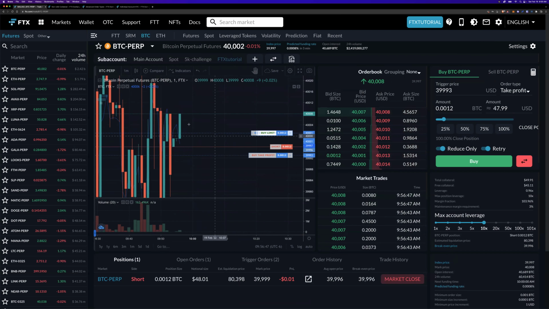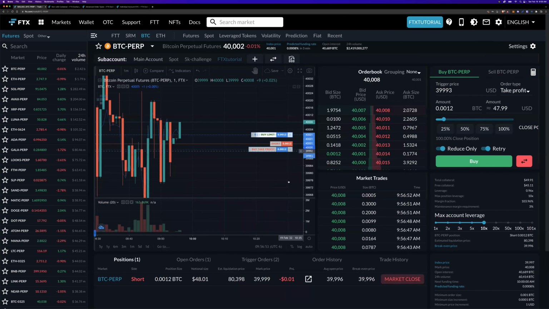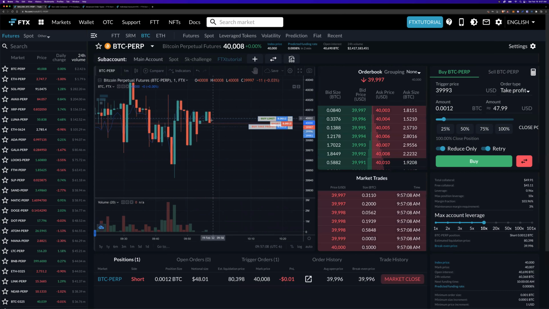You can see price is spiking higher, but I'm still not stopped out. This is one of the risks you have to contend with: if you want to get out at a particular point, you must risk the market going higher, or lower, vice versa, depending on if you're long or short. And then you will only get out at that particular price.